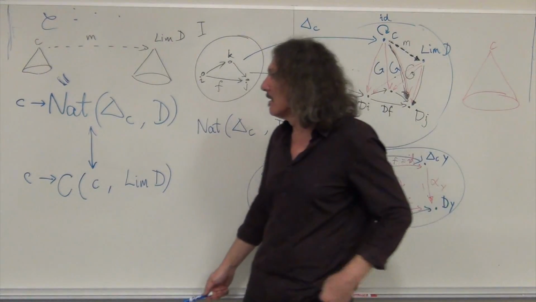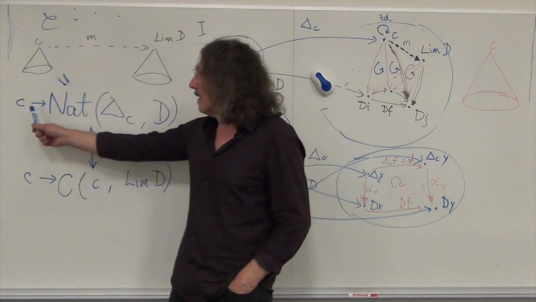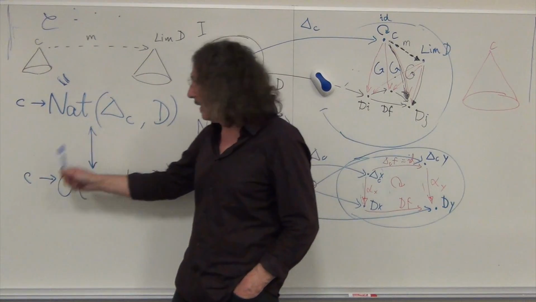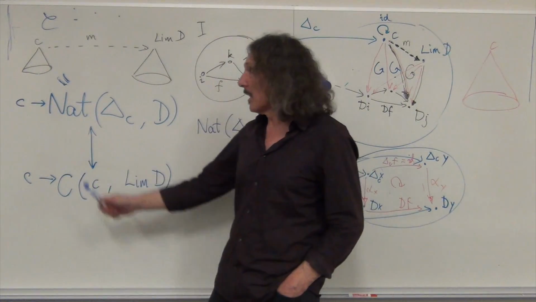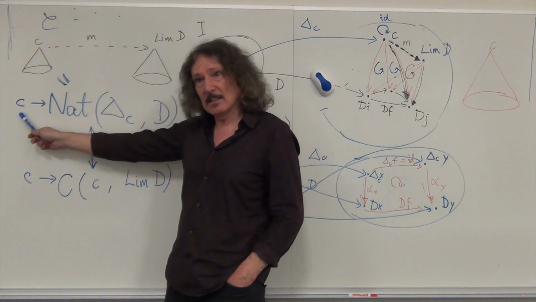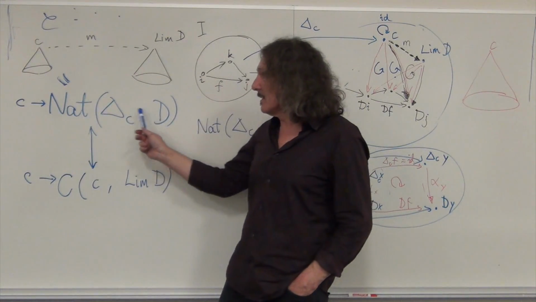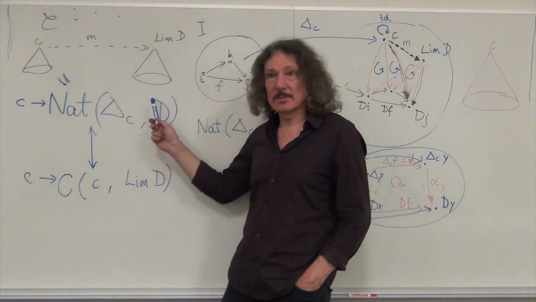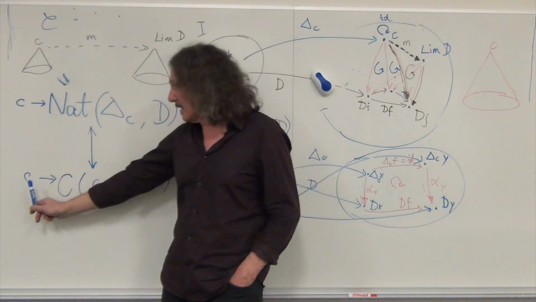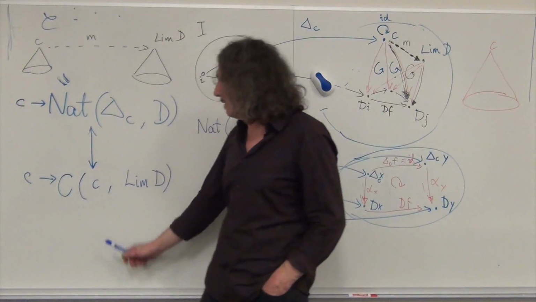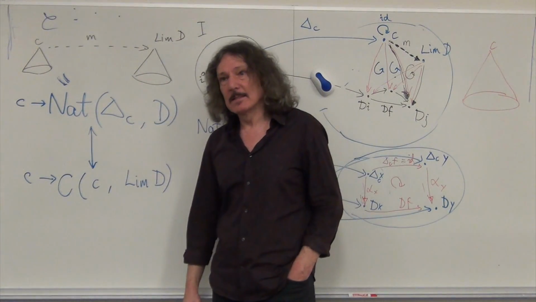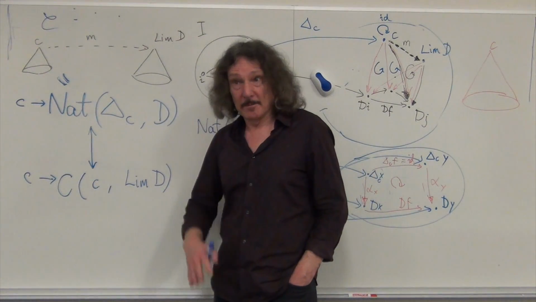Okay? This mapping and this mapping. Okay? That's an object in category C, and this is a set of natural transformations. This is an object in category C. This is a set of morphisms.